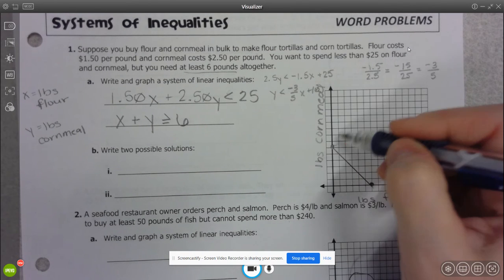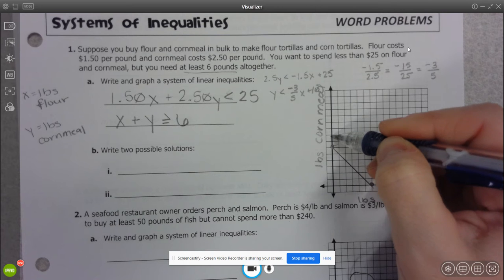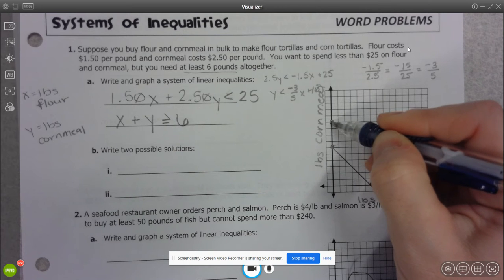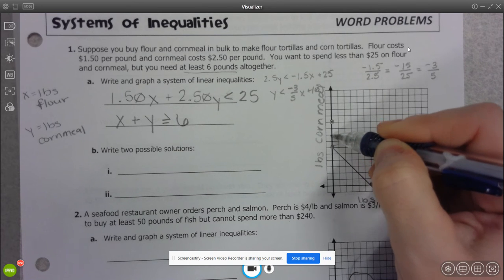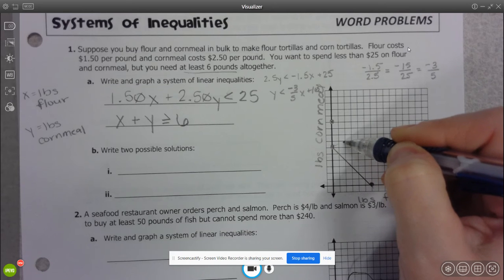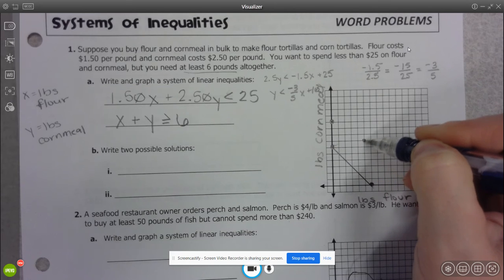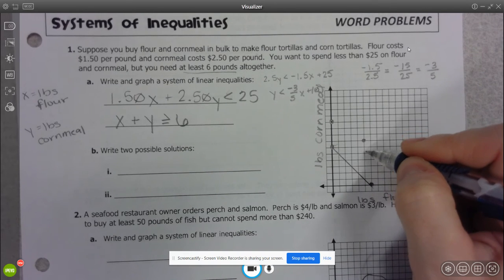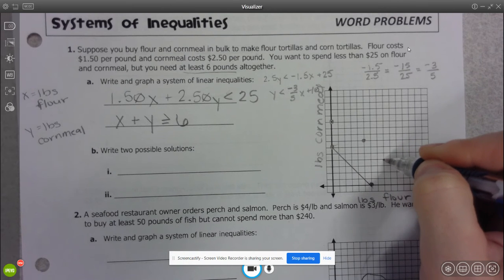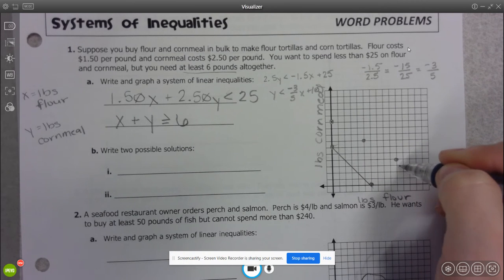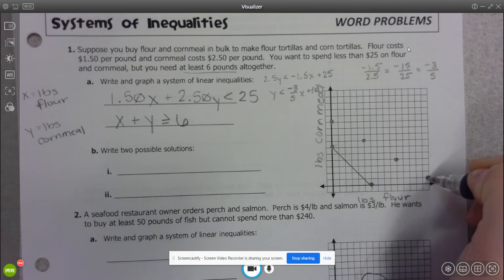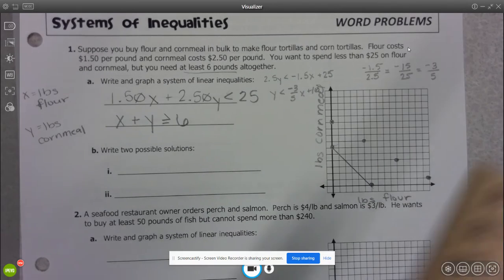So I'm going to go up to my y-intercept of 10. And I'm going to go down 3 and over 1, 2, 3, 4, 5. That's my first. 2, 3, 1, 2, 3, 4, 5. Just barely enough space on the graph.